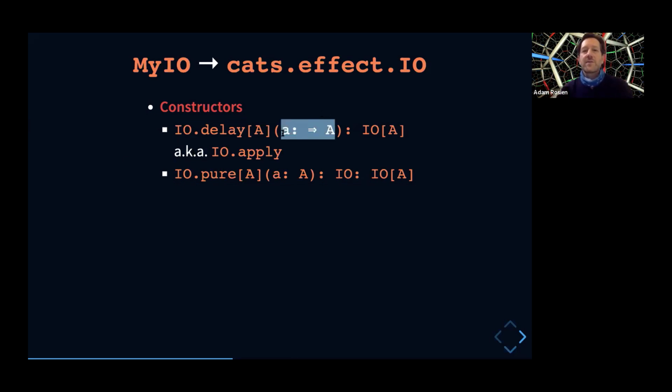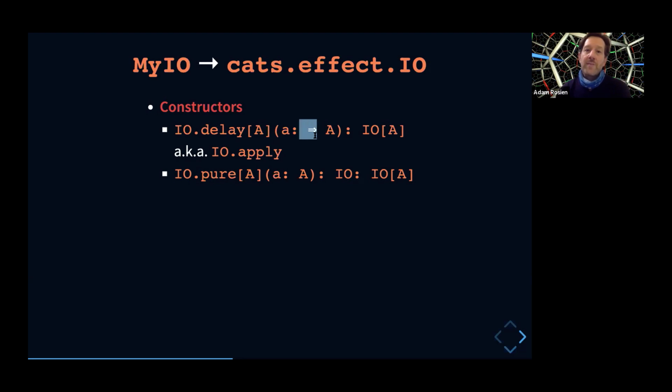So this is where the delay happens. You can see that this is a by-name parameter. That's what this little arrow means. It means whatever I pass into the IO factory method there, it's not going to evaluate it. With normal function calls, an expression passed in as an argument to a function is evaluated now, before the function is called.